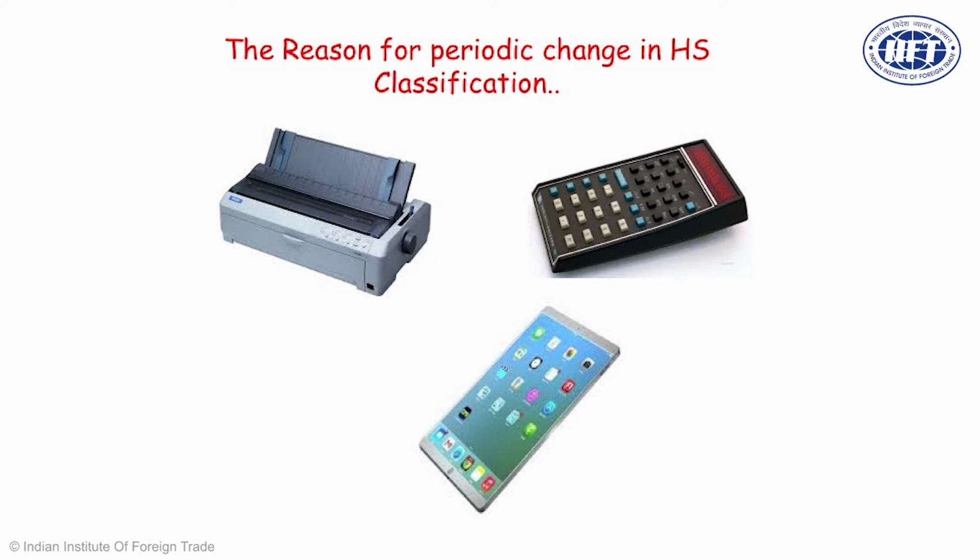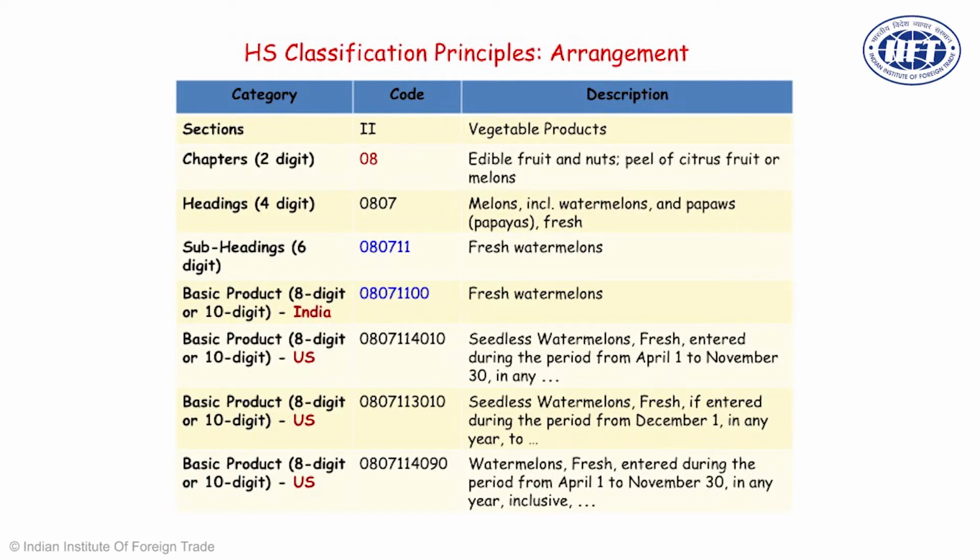So how are we going to classify products for international business? We can look at one practical example. Suppose we are looking at one vegetable product, which can be watermelons.